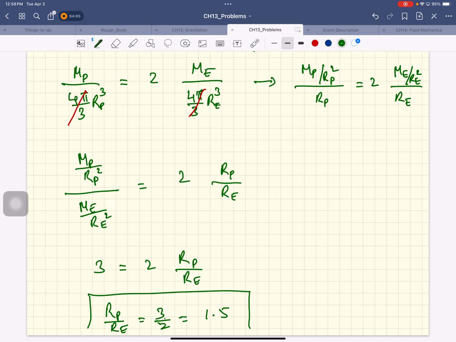Okay, so what are we saying? The radius of the planet is 1.5 times the radius of the Earth. So the radius of the Earth is 6,400 kilometers. The radius of this planet is 9,600 kilometers. Okay.